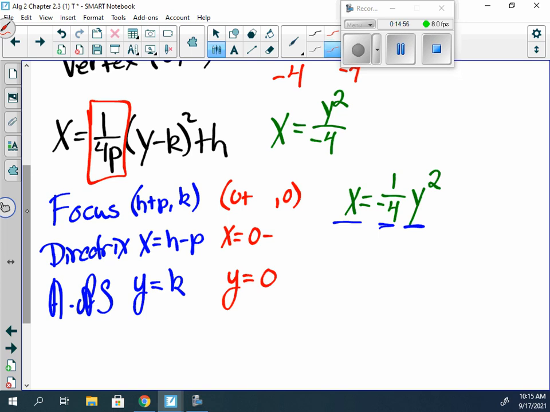So where is that in the equation? Right here, yes? So this here is what's matching up with 1 over 4p. It's tucked inside there. So really, the negative 1/4 is where the 1 over 4p is located, yes? Because that's where they match up.